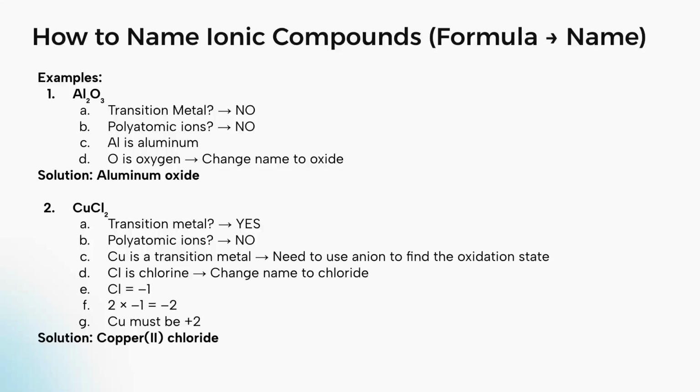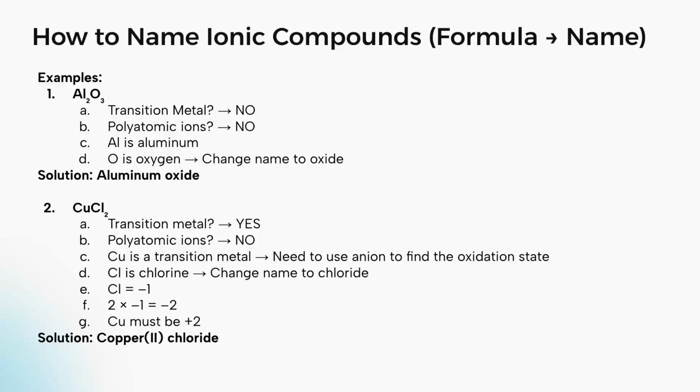In the second example, we have CuCl2. Is there a transition metal? Yes, Cu is a transition metal. Is there a polyatomic ion? No. Because Cu is a transition metal, we need to use the anion to find the oxidation state. Cl is chlorine. We need to change its name to chloride.